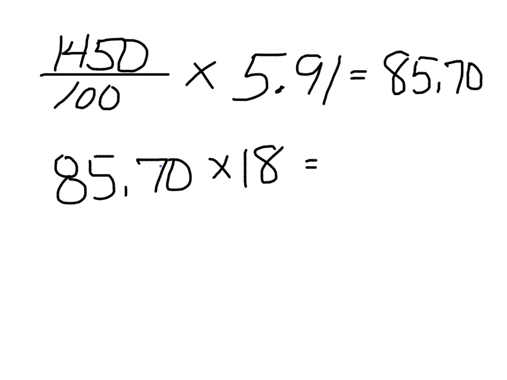Why am I multiplying it by 18? Because Jill took out the loan for 18 months. So what is $85.70 times 18?